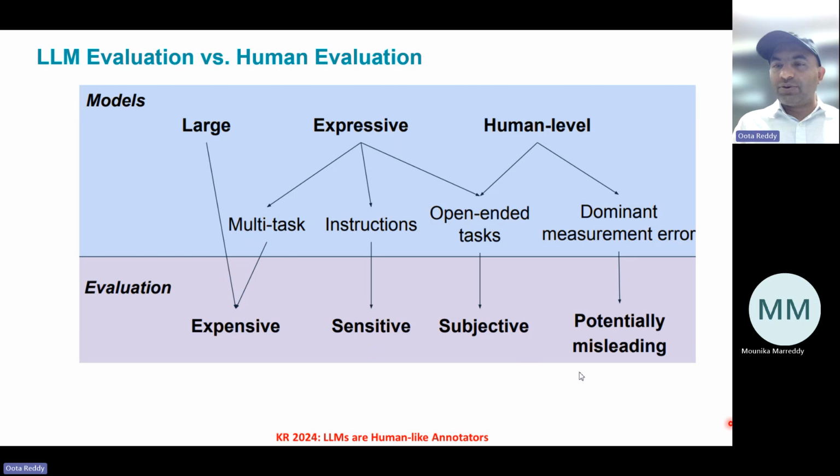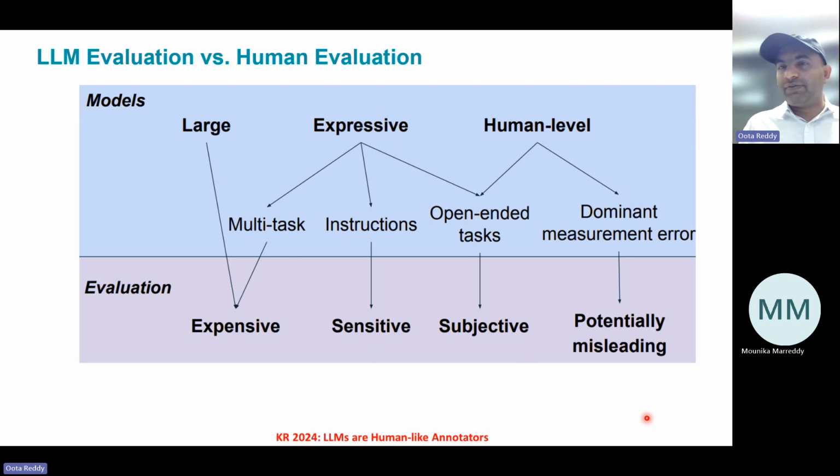Potentially misleading: human-level evaluation can introduce significant measurement errors or biased evaluations, leading to potentially misleading conclusions. If humans are biased in their evaluations, that is reflected in the model-level evaluations, potentially misleading some conclusions. So there are some discrepancies between LLM-level evaluation and human-level evaluation.